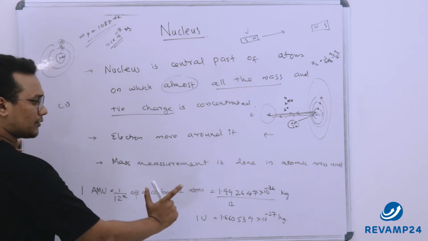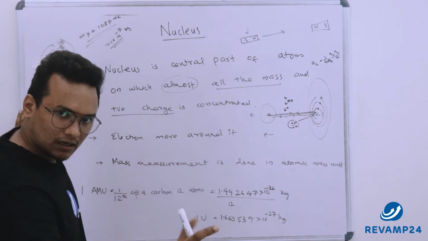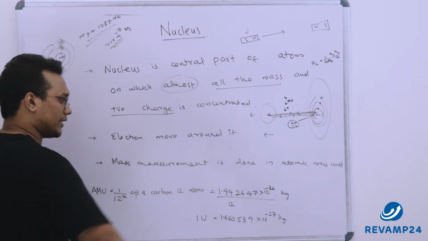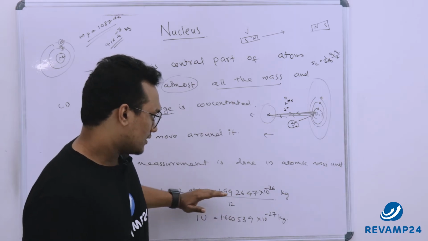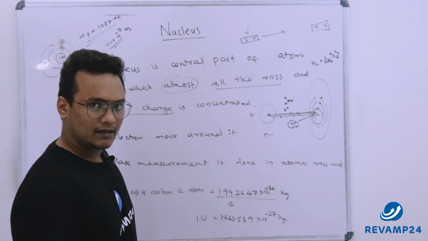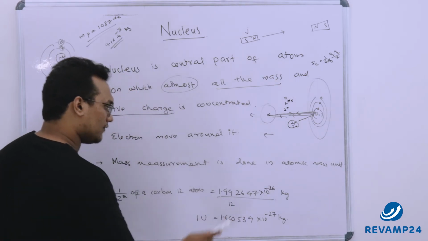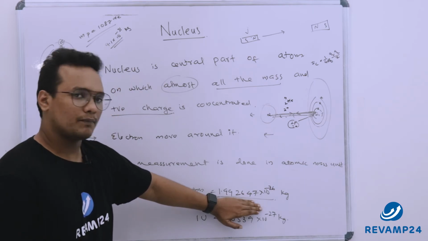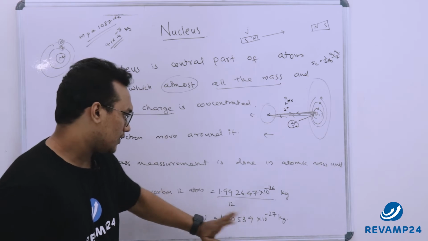So take one carbon 12 atom, measure its mass in kilograms and divide it by 12. A carbon 12 atom has a mass of 1.99 into 10 power minus 26 kilogram, which has been measured experimentally. Divide it by 12, then we will get the value.